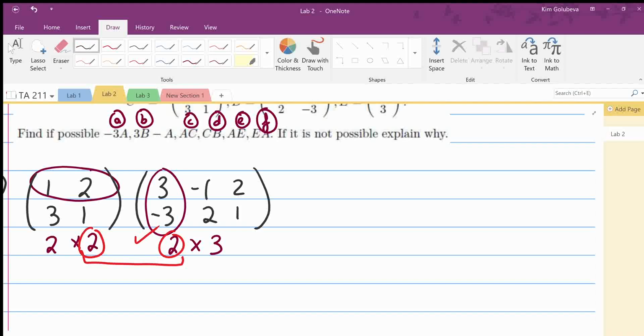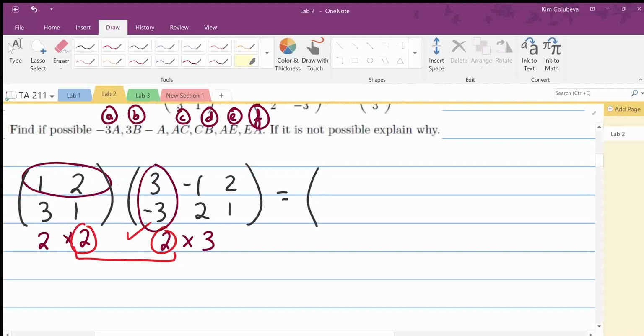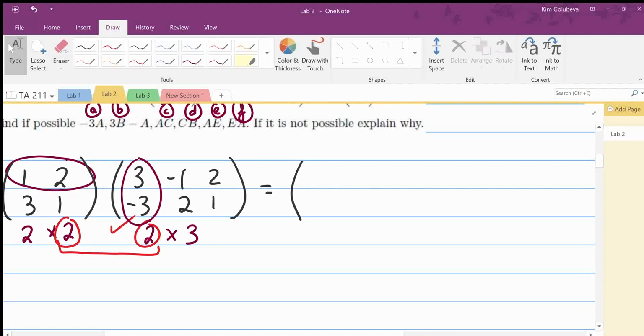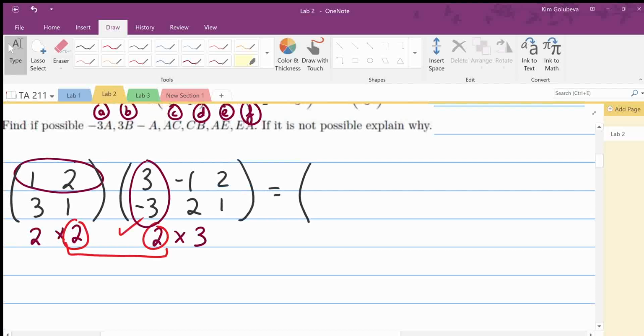Okay, so this just requires a lot of practice and you'll get the hang of it. It's a little bit confusing at first, but don't worry. So the first entry here corresponds to us multiplying the first entry by the first entry here.